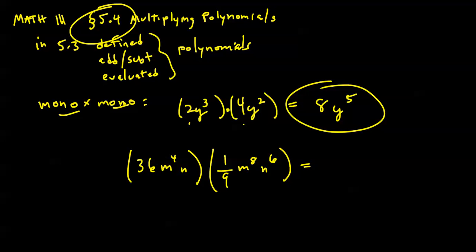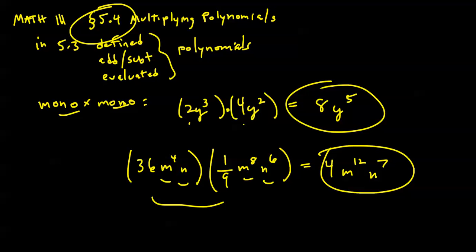Alright, I'll multiply the coefficients together first. 36 times 1/9 reduces to a 4. M to the 4th times m to the 8th is m to the 12th. And n is n to the first power times n to the 6th power is n to the 7th power. So the return there would be 4 m to the 12th times n to the 7th.